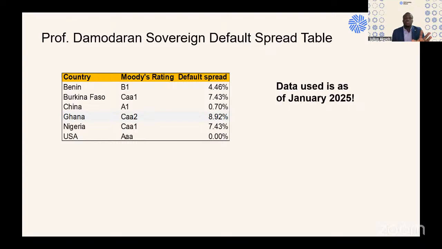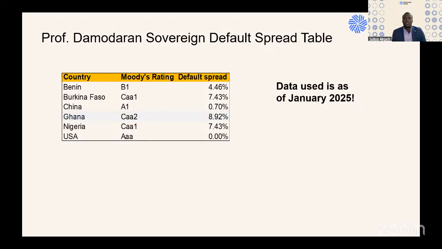We also talked about the fact that if you have an instrument already trading in Ghana, you pick the yield on the instrument recently issued by the government of Ghana, a 10-year bond, and you back out the sovereign default spread. There are 3 ways to calculate it. You can get it from the Eurobond market, taking the Eurobond minus the US sovereign.